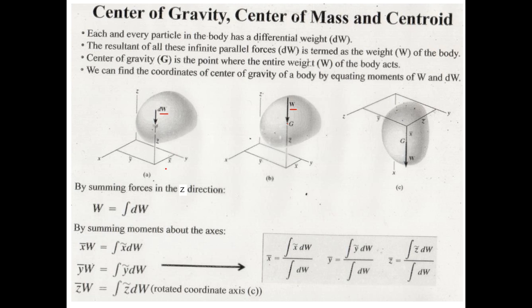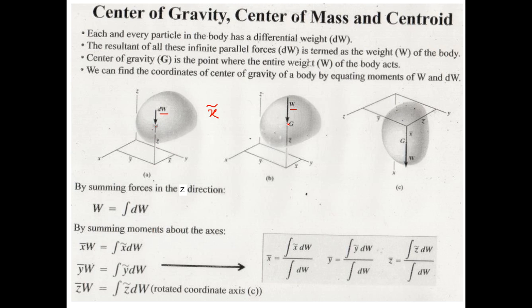Now there is another thing defined in this figure. This dw is passing through the center of gravity of this particle, and the center of gravity of this particle with respect to this Cartesian coordinate system is located at x tilde, y tilde, and z tilde. A tilde means that you have an x and there is a tilde over it. So x tilde, y tilde, and z tilde define the center of gravity of this very tiny particle.